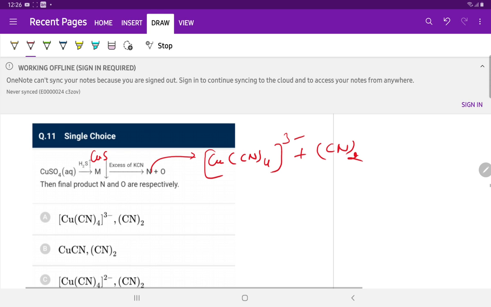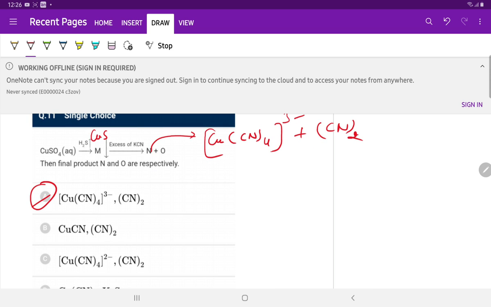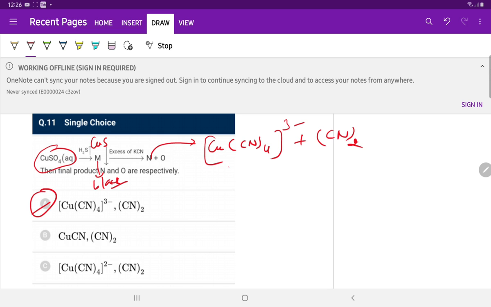So answer is A. When H2S is passed in an aqueous solution of copper sulfate, CuS black precipitate is formed. With excess of KCN, the complex is [Cu(CN)4]3- plus (CN)2. So for question number 11, the answer is A.